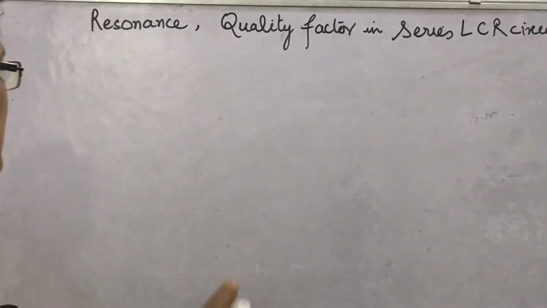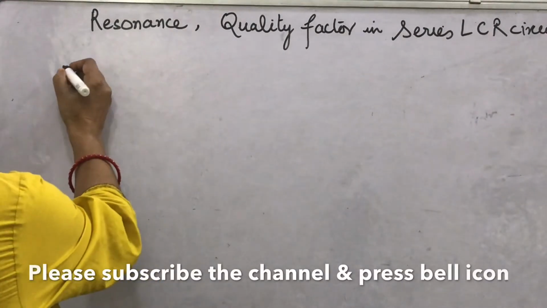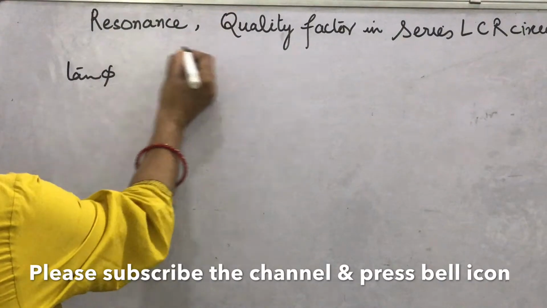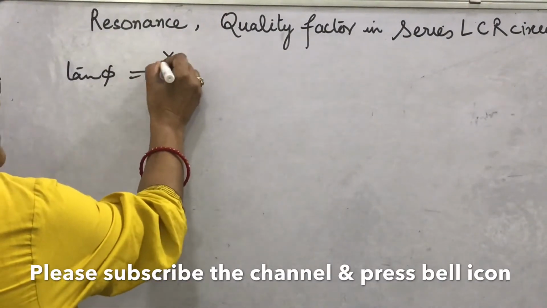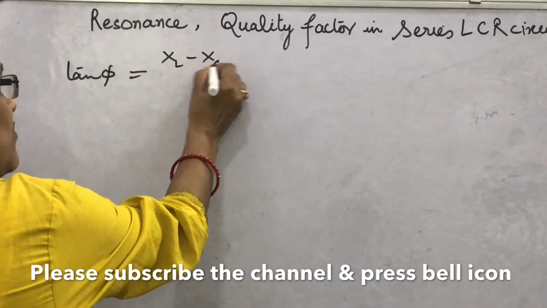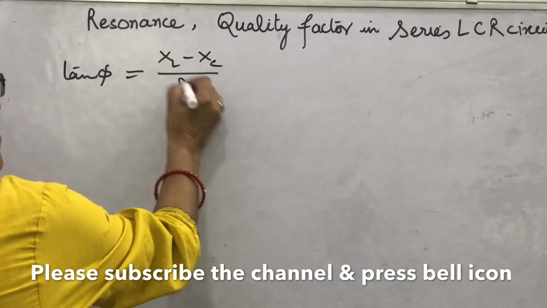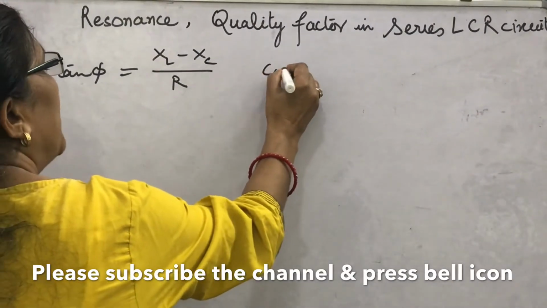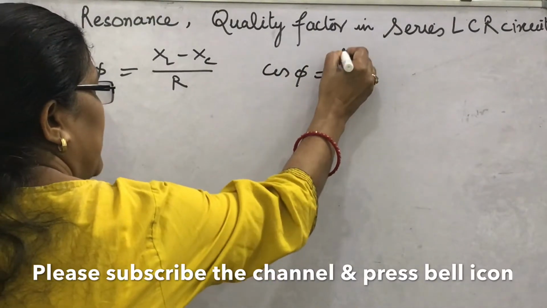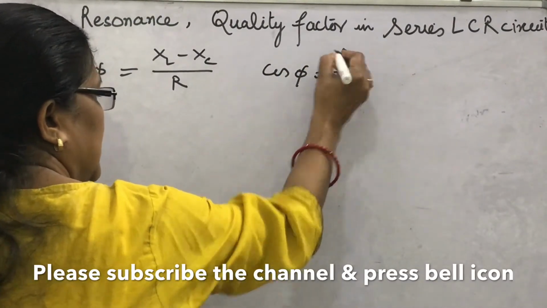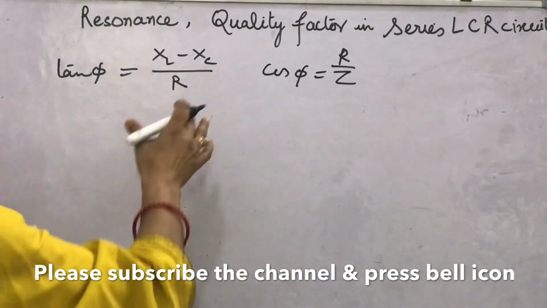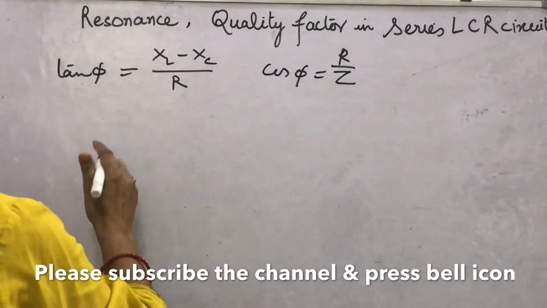Although we have discussed earlier that the phase angle between current and voltage in a series LCR circuit is given by XL minus XC upon R, and power factor is given by R by Z. We have derived these expressions.